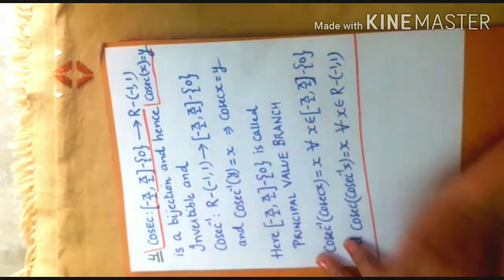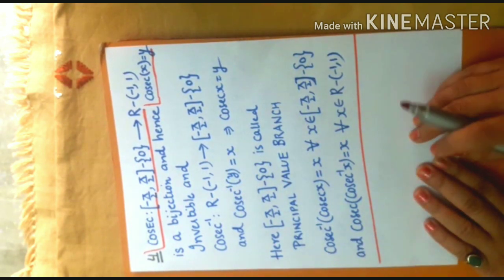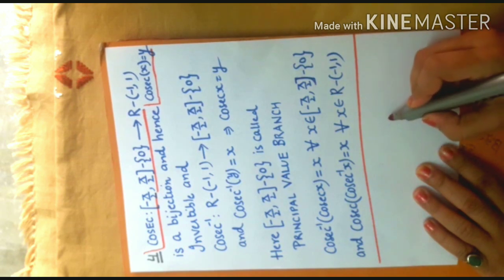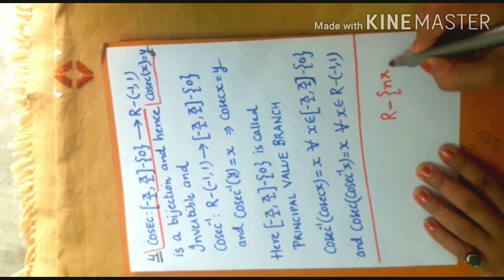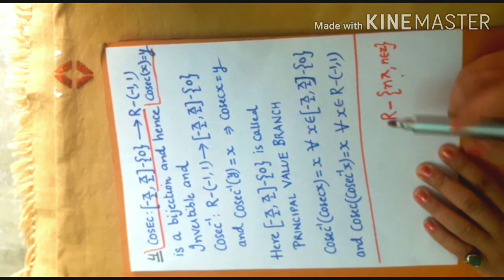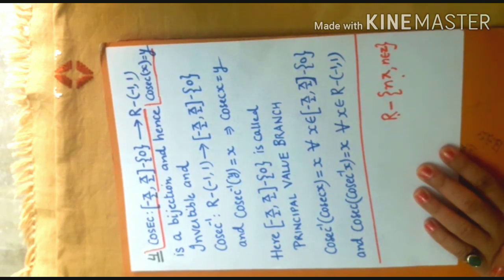Now, for the cosecant function, the actual domain of the cosecant function is R minus n pi, where n belongs to Z. On this domain, cosecant function is not one-to-one, so it will not be invertible.